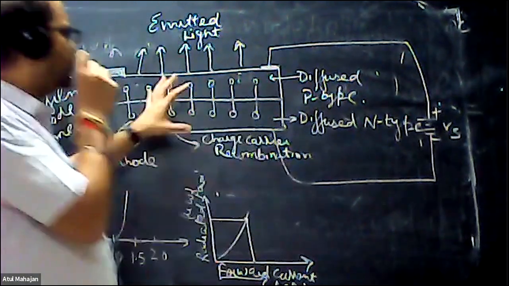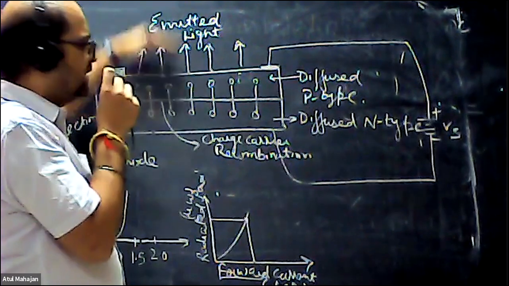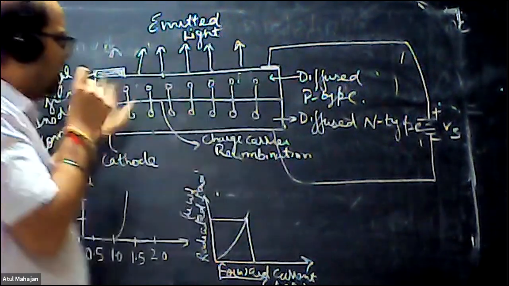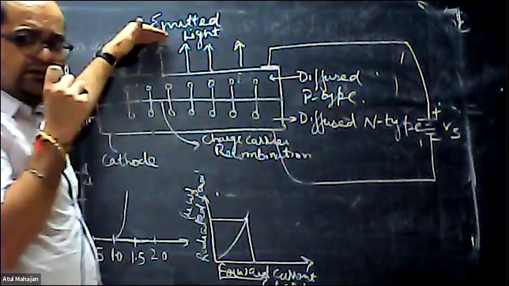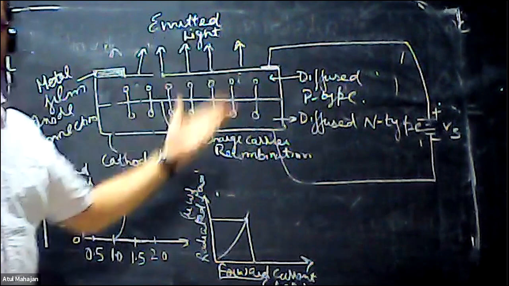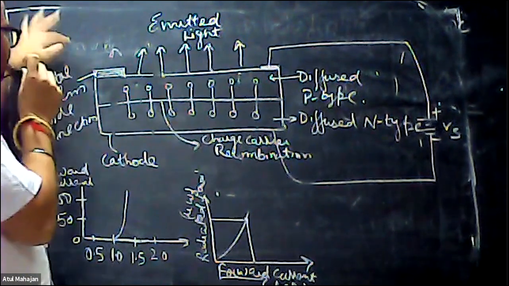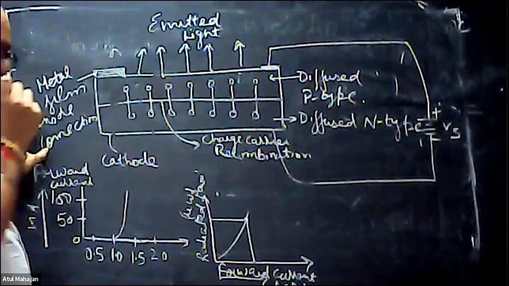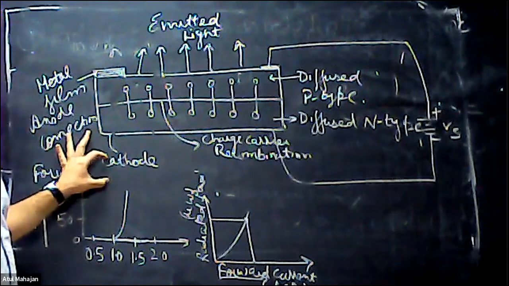Those photons are emitted from the outer sheet because it is made up of glass, so we can easily emit them outwards in the form of light. In addition to this, we have the metal film anode connection and a gold film cathode connection.